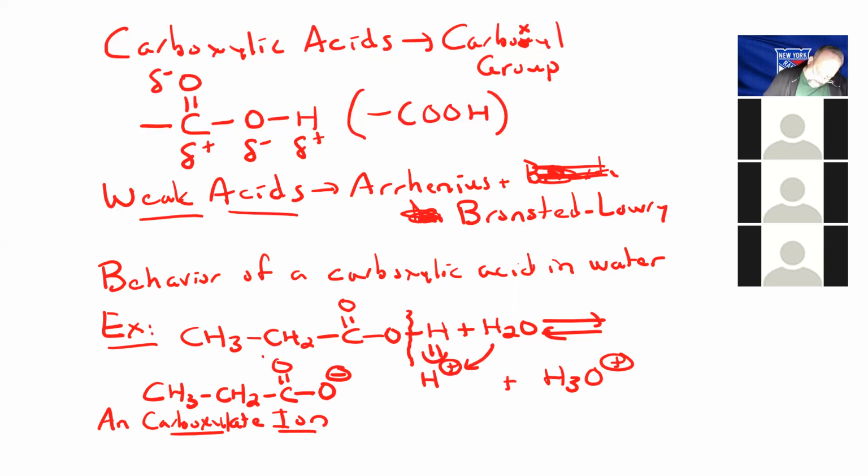And the key structural feature of a carboxylate ion is this C double bond O with O minus attached to it. That essentially is the key structural feature of a carboxylate ion. Okay. So that's essentially what happens when you put a carboxylic acid in water. It's going to become a carboxylate ion. Let's take a look at one more example.